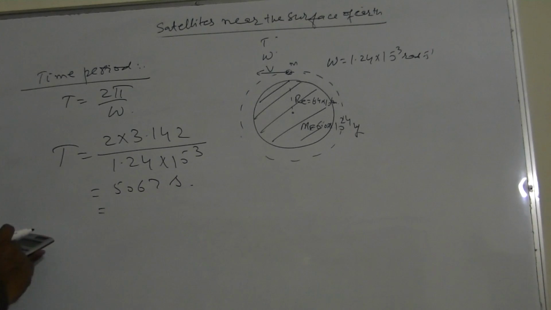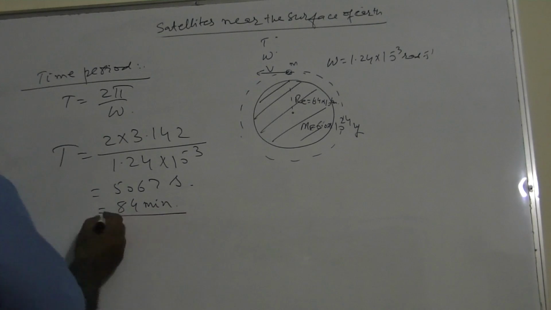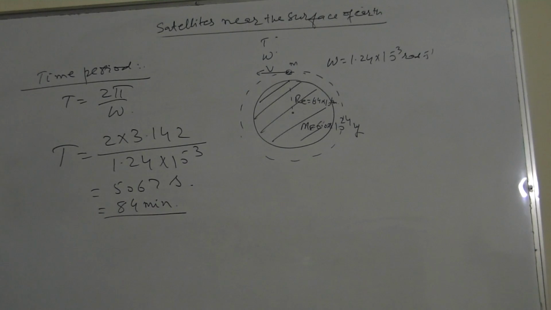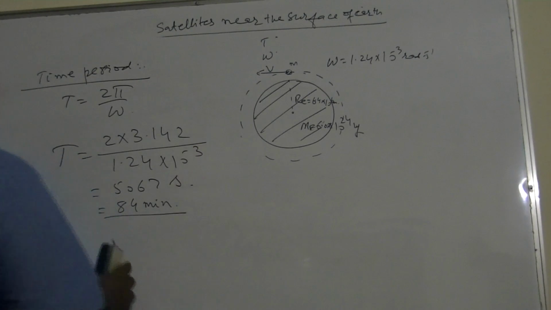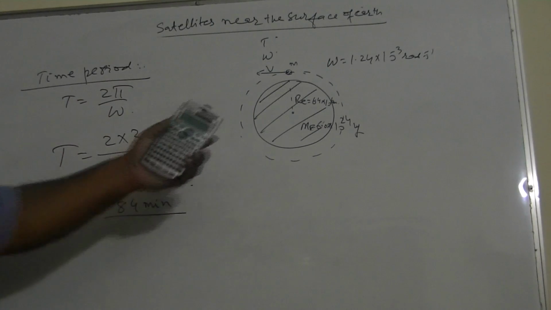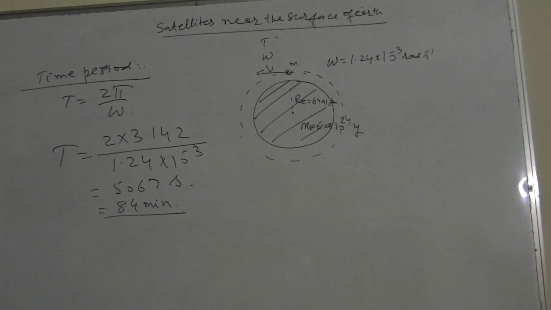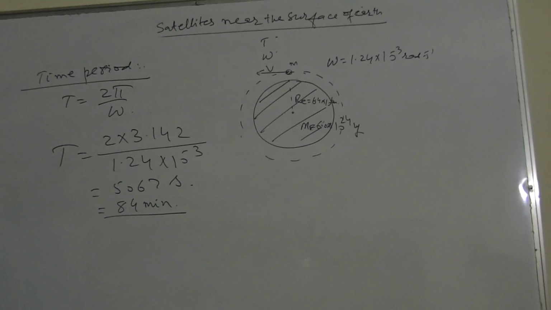If I write in minutes, I have to divide by 60. It is coming as 84.46, or 84 minutes. So roundabout it takes from 80 minutes to 90 minutes. These satellites almost take 1.5 hours to have the complete round trip around the Earth. So I calculate the time period as 2 pi upon omega; I have calculated omega, just put the value of omega here and get almost 84 minutes.